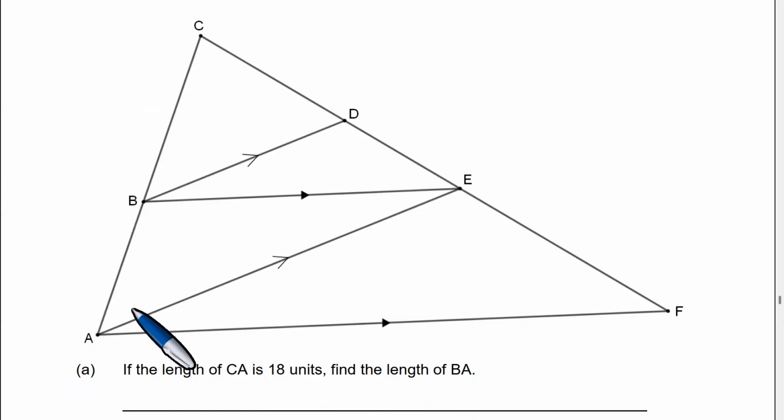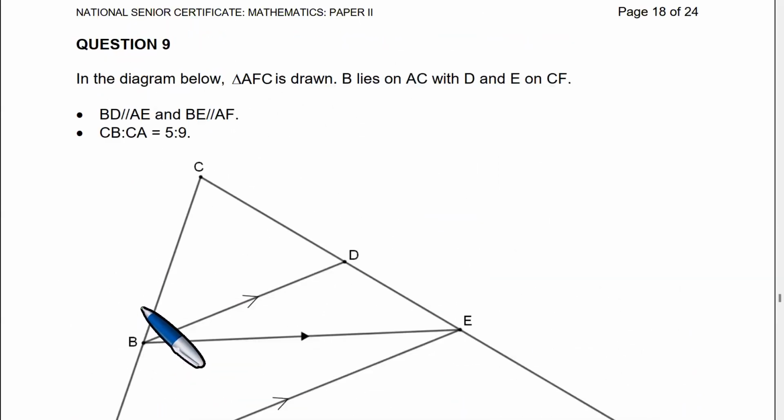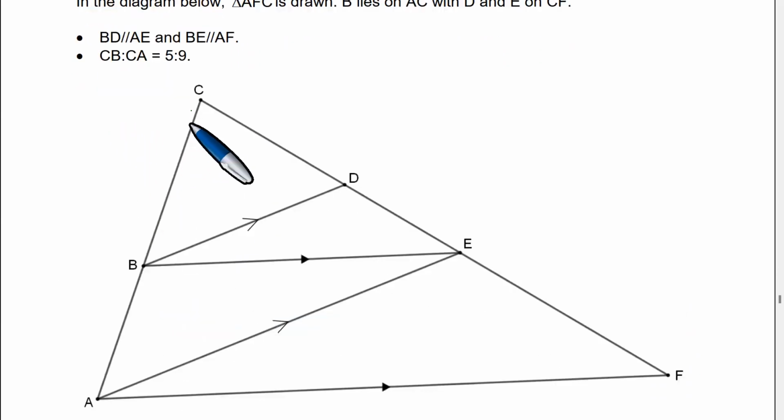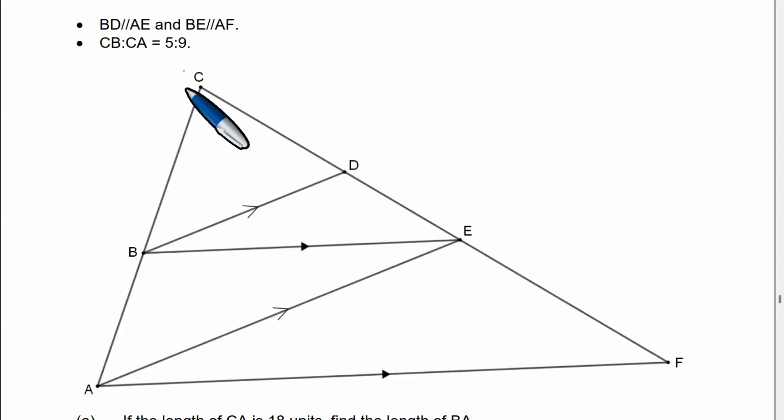Right, so we can easily get that one. We can use simply this ratio here, because now you have CB. The ratio of CB to CA is 5:9.